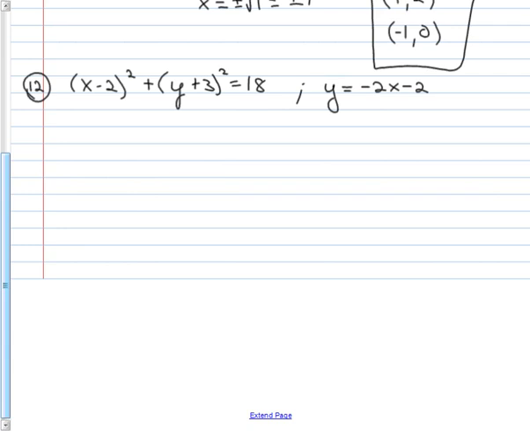I have a value for y that I can substitute right where that y is. (x - 2) quantity squared plus negative 2x minus 2, that's the y, plus 3. And that has to be squared. Equals 18.